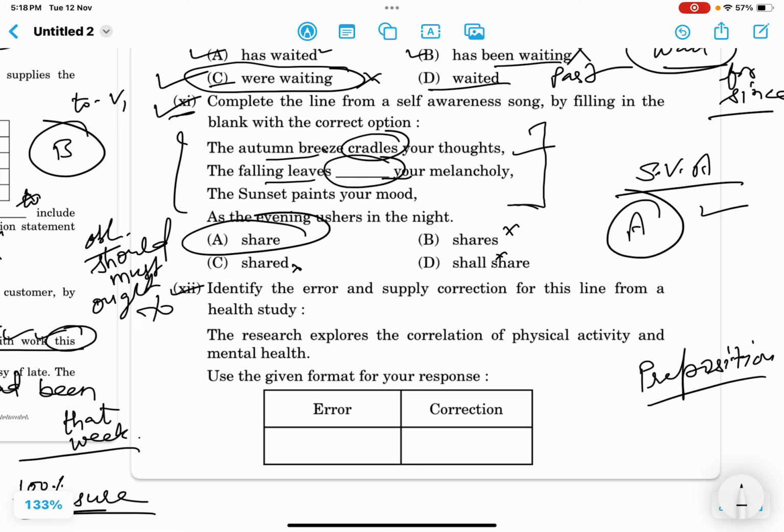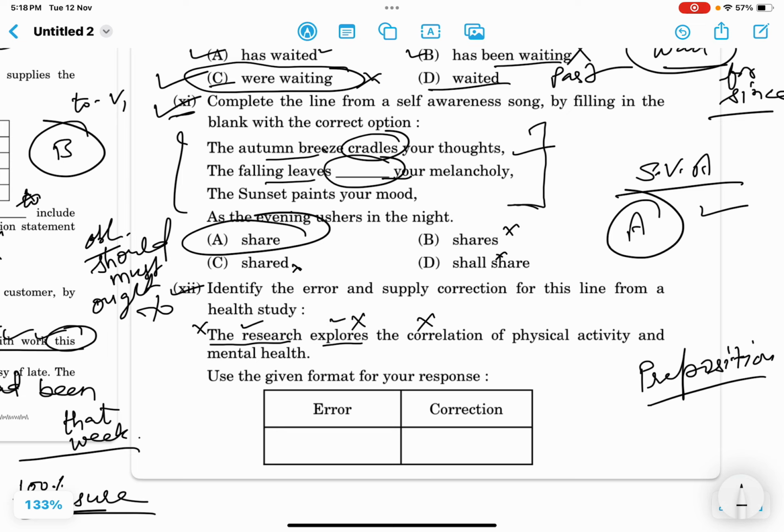Now, suppose you are in confusion about what we need to change here. So first start with every word. The research, we can't change this. We can change explores, but it is correct because the subject is singular, the verb is also singular, so no error is there.